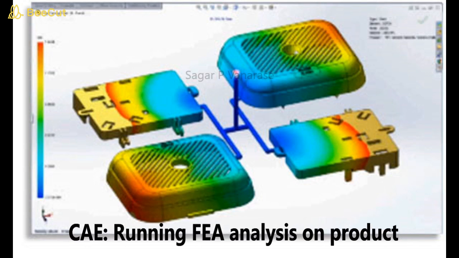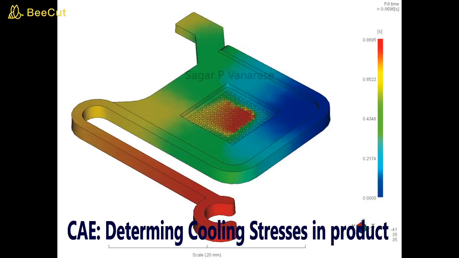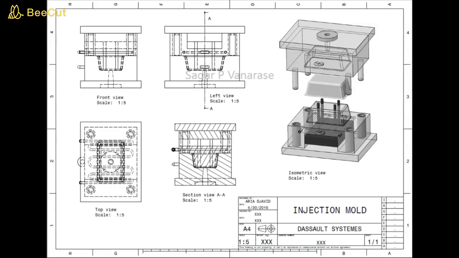CAE means running FEA analysis on the product before the manufacturing process, for example fluid analysis, thermal analysis, and also determining cooling stresses of the product in the mold. Another task in designing is 2D drafting, sketching the part and the mold design.